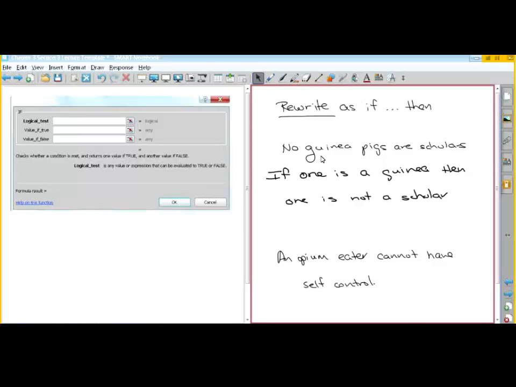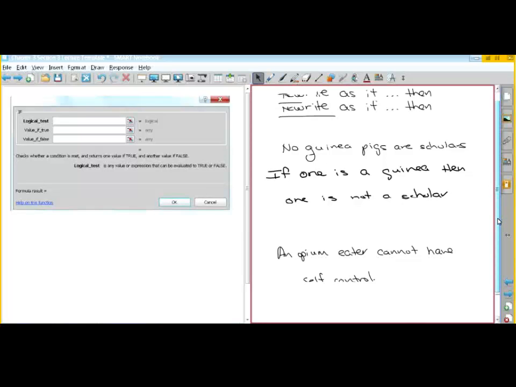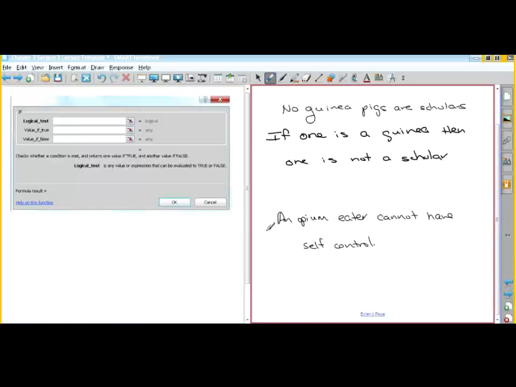So anyway, I've rewritten this to have the same meaning. So if one is a guinea pig, then one is not a scholar. The second one is an opium eater cannot have self-control. Again, it's not an if-then statement, so I'm going to rewrite it as an if-then statement.